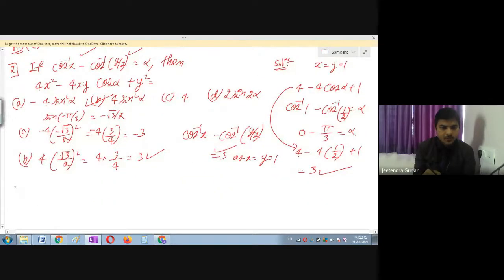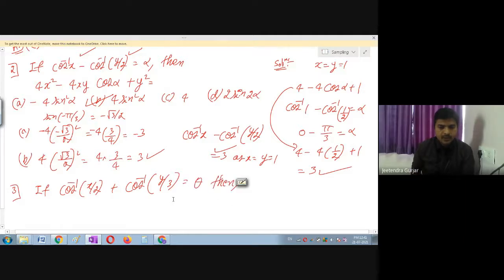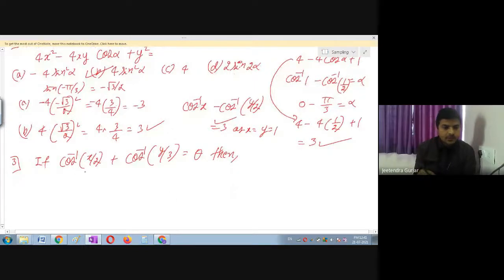Let me see how many will simplify the third question. So if we take the question, students: cos inverse x upon 2 plus cos inverse y upon 3 is equal to theta. Then, yes friends, please simplify. So here they have given then 4x square minus 12xy cos theta plus 9y square is equal to, yes, you have to find now.